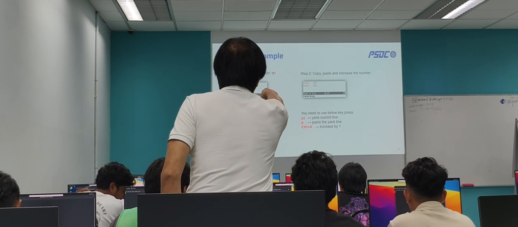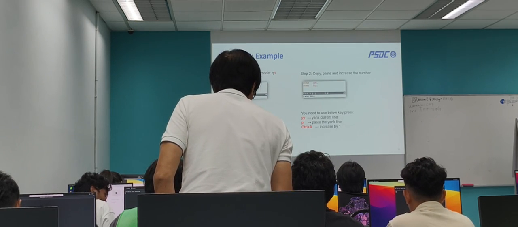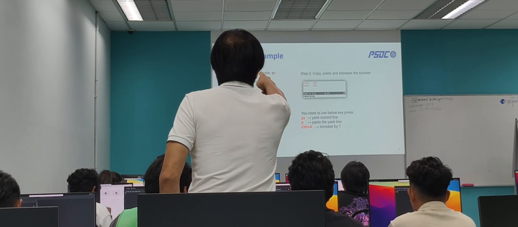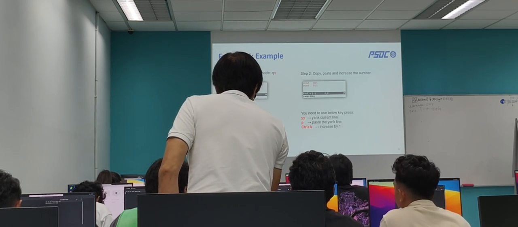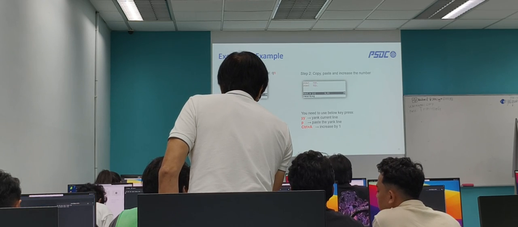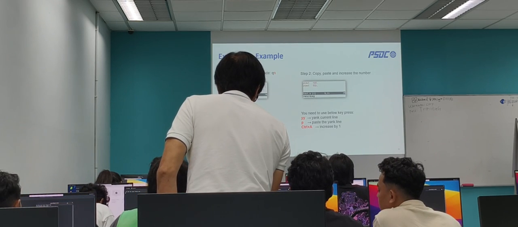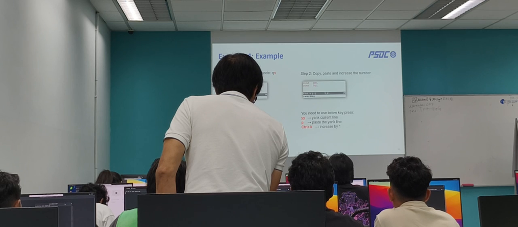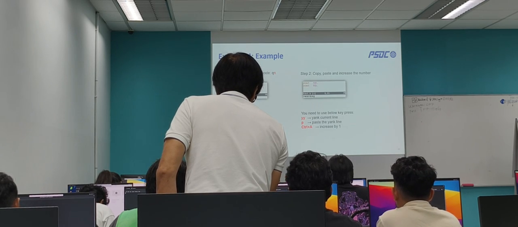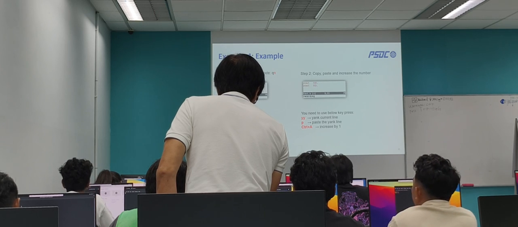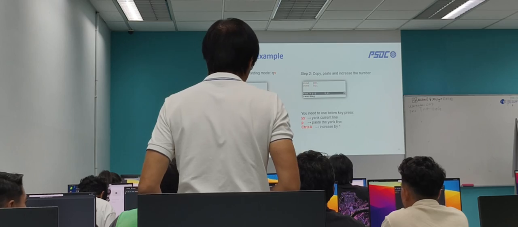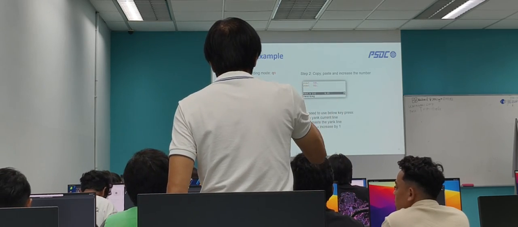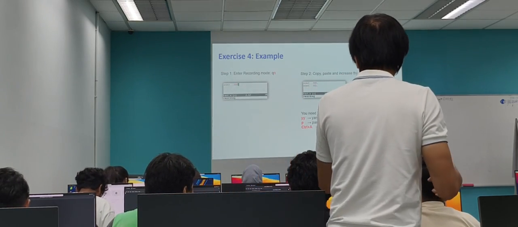See, step 2. So step 2 is copy, paste and increase the number. Okay, YY is copy. So start YY. Control A. Exactly like this one. Then step 3 is the Q, to stop the recording mode.